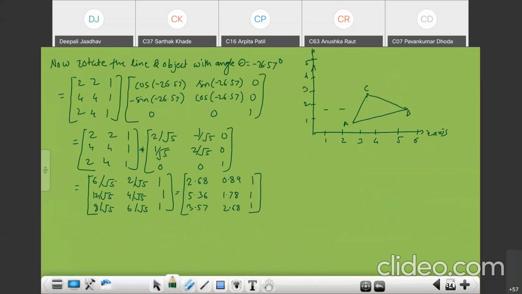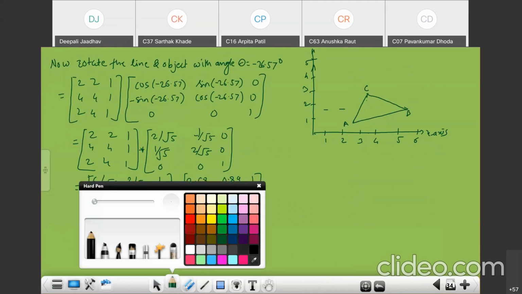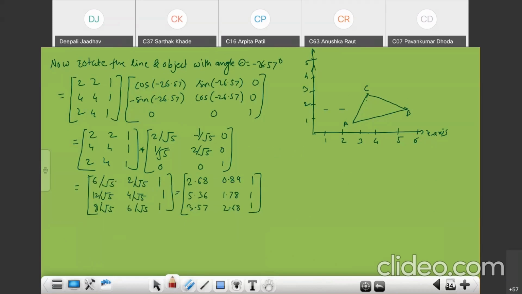Now we actually want to reflect this triangle through the x-axis. So the transformation matrix is here.